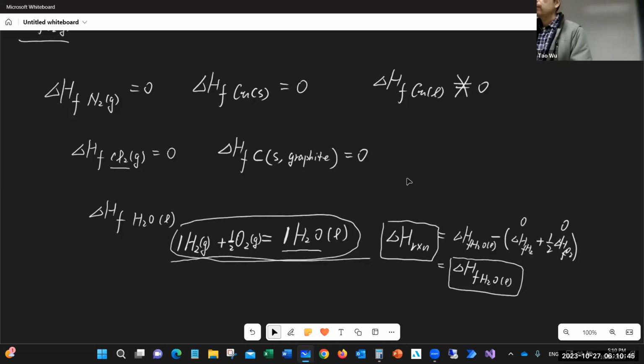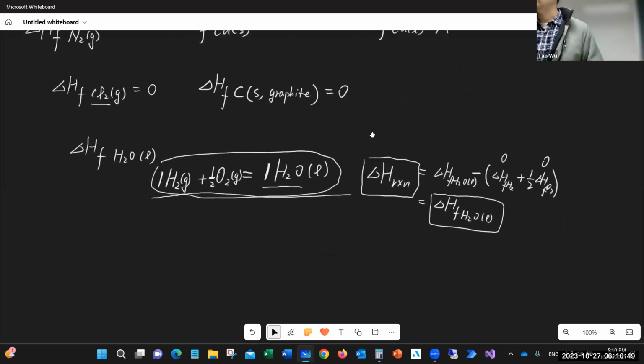Okay, so here, I think I talk a little bit more about this. I'm going to just call back what we're going to do for this one. You just remember, what is the enthalpy of formation? Which one is 0? Remember, the enthalpy of formation of what is 0?